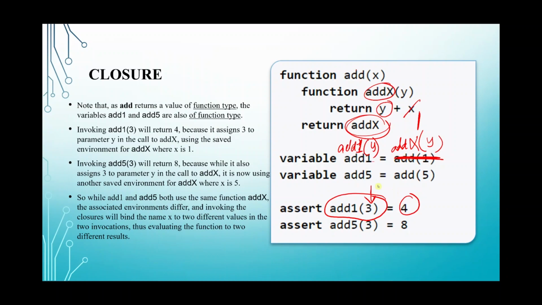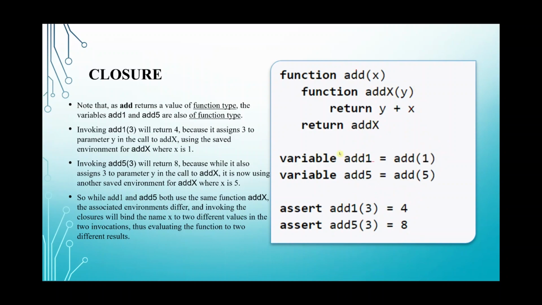Okay, so let's do that again. That becomes more obvious. So add 5, we give it 5. So plug in the 5 in here. So we have addx. This becomes 5. This becomes 5. We return addx. So add 5 needs a y to be added to the 5.